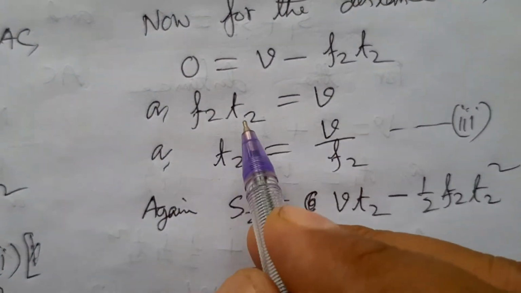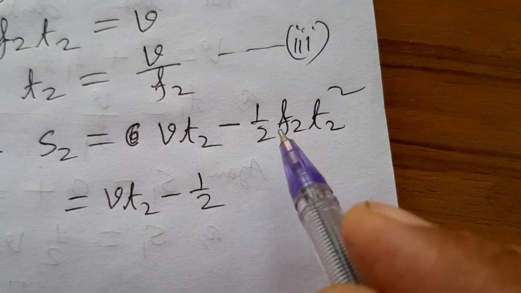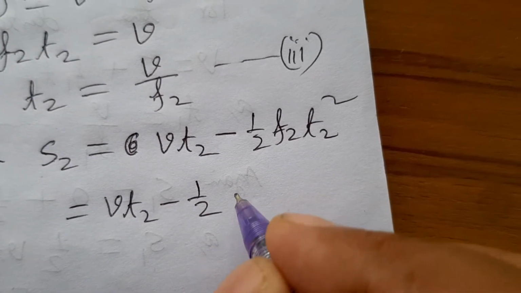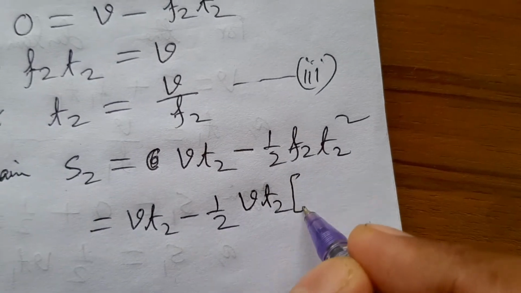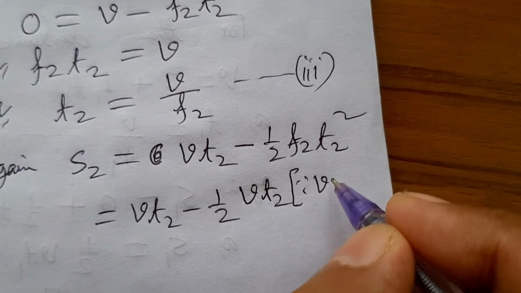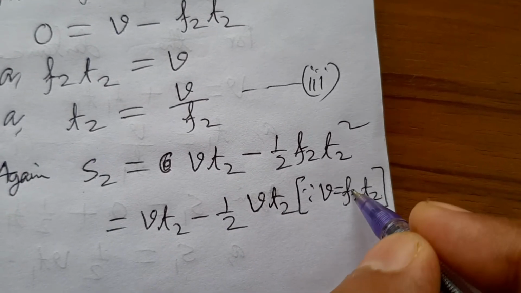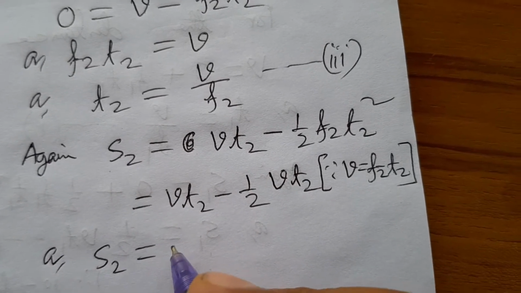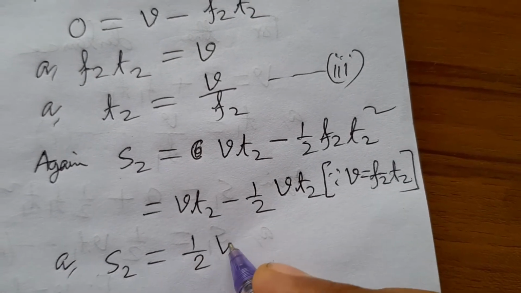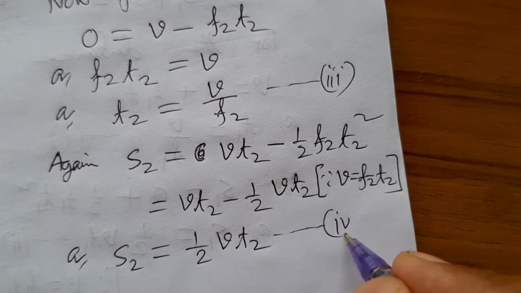Again you can see that f2 t2 means v, so s2 is equal to half of v t2. This is equation number 4.